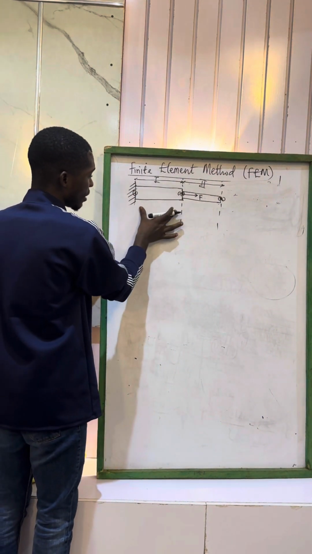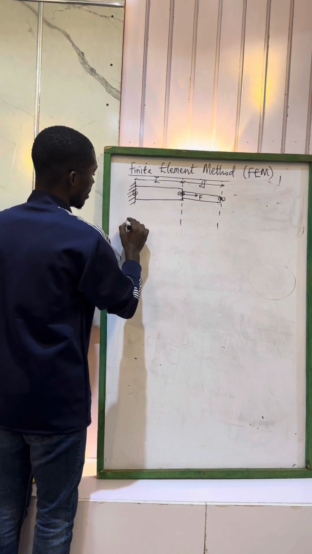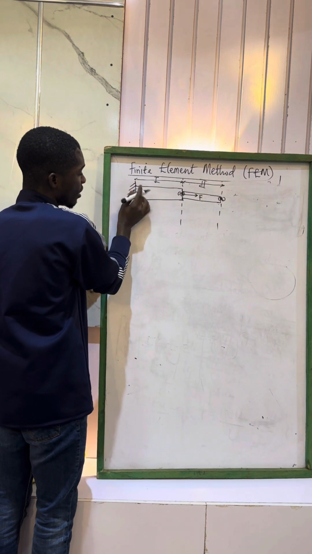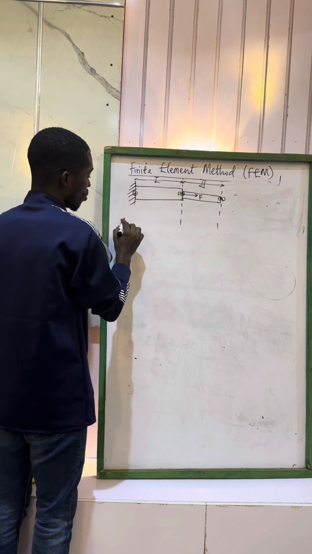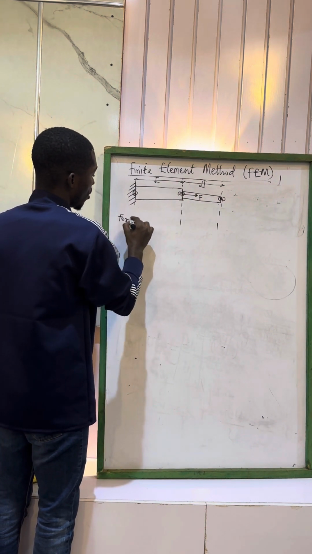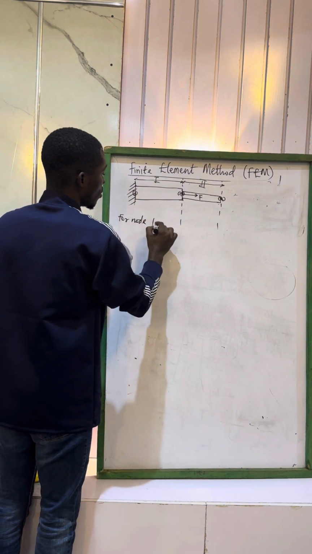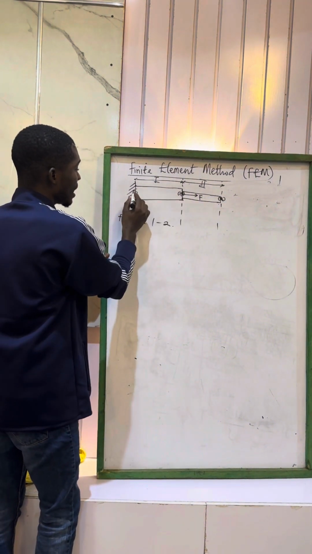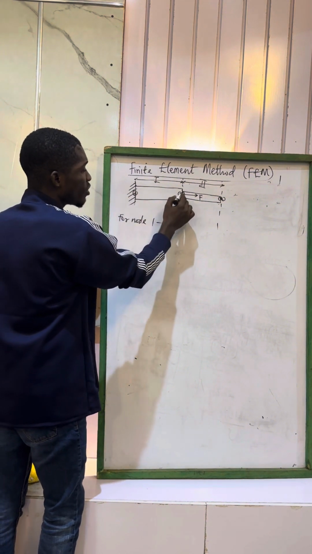For element 1, we have F1. Now consider node 1 to node 2. It means there's going to be a force here and a force here.